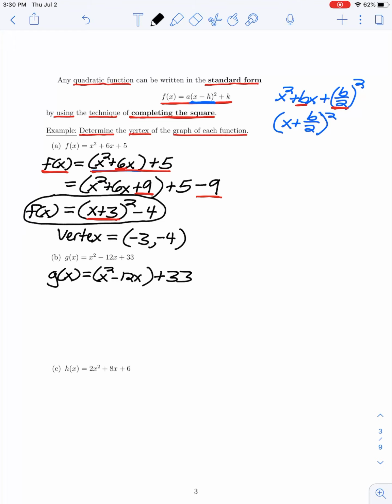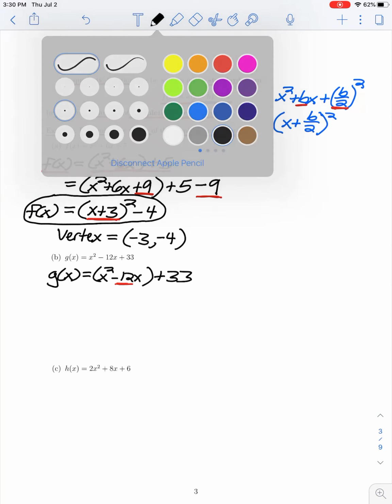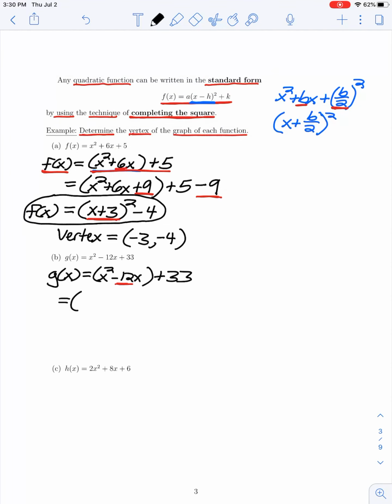And for this expression in parentheses, my coefficient for x, which is the value b, is negative 12. So the constant that I want to add onto the end of that quadratic to factor it as a perfect square would be half of that value, which would be negative 6 squared. So I'm going to have plus 36.